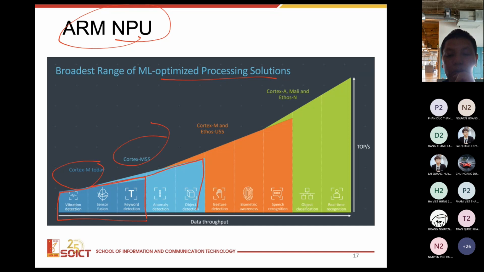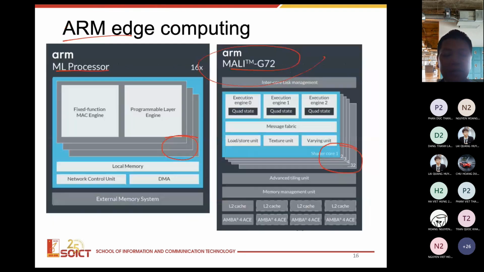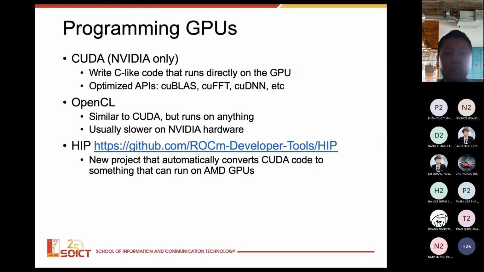If you need to do harder jobs, then you can use the Ethos-U and Ethos-N series, and then the Cortex-A. You can use the Cortex-A and Ethos-N series to do things like object classification and real-time recognition, right? Okay, so that was about the hardware used for deep learning.